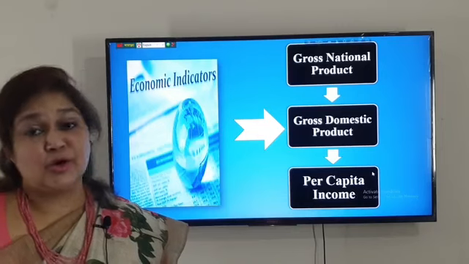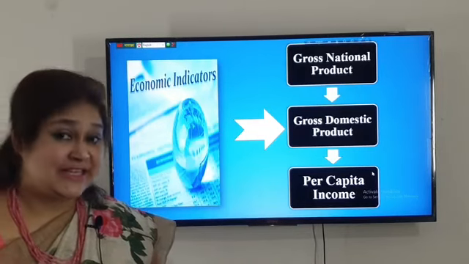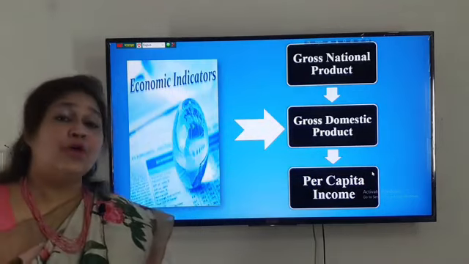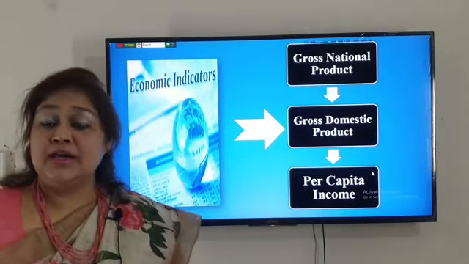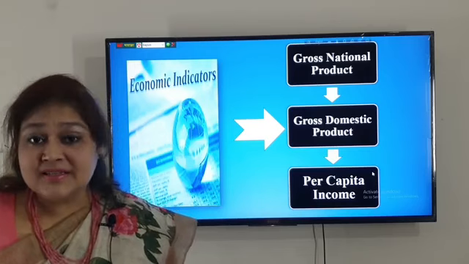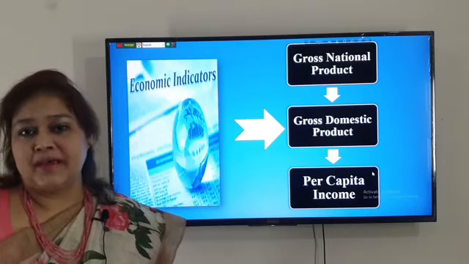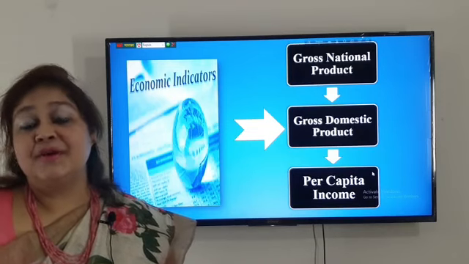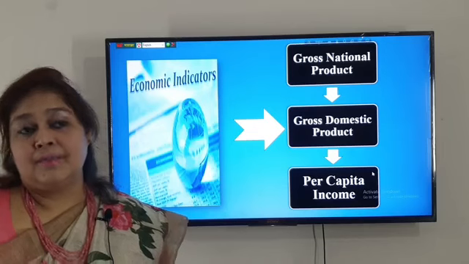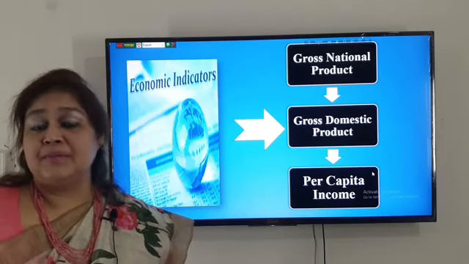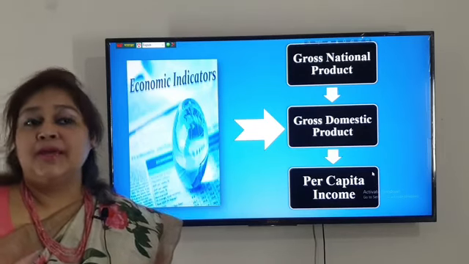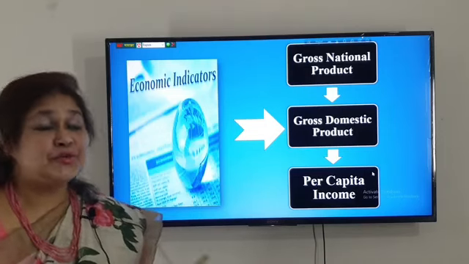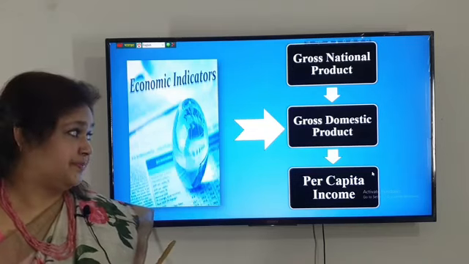These are called economic indicators, and these indicators indicate economic condition. Whether the economy of a country is advancing or falling back or remaining the same, if compared to the previous condition, we can know this through these economic indicators.